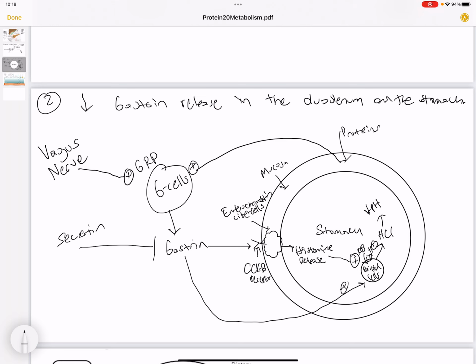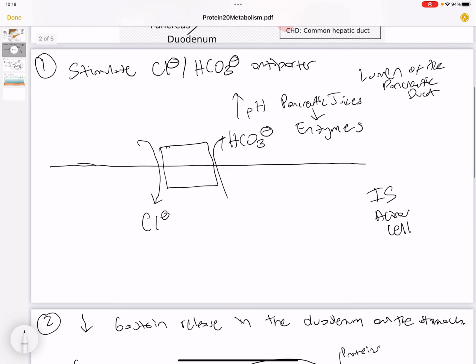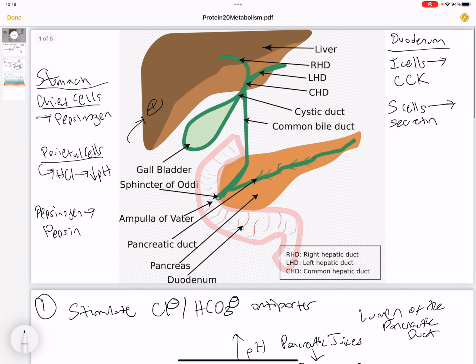Now that we talked about secretin, let's talk about cholecystokinin. You can also think of it as having three functions. One of the functions of cholecystokinin is to act on the gallbladder. It is going to contract the gallbladder for the release of bile.